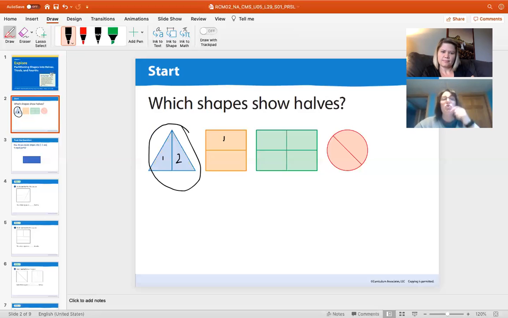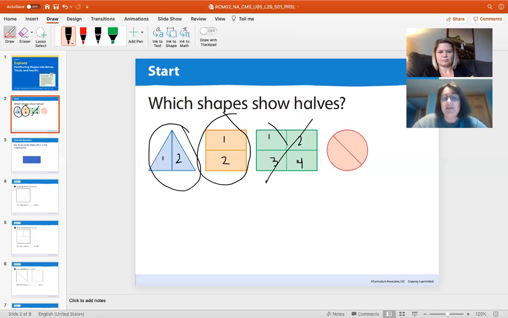When I look at the square, I see 1, 2 pieces. So the square is cut into halves. When I look at the rectangle, though, I see 1, 2, 3, 4. So that one is cut into fourths, not halves. And then the circle is also 1, 2. So that one is also cut into halves. Good job.